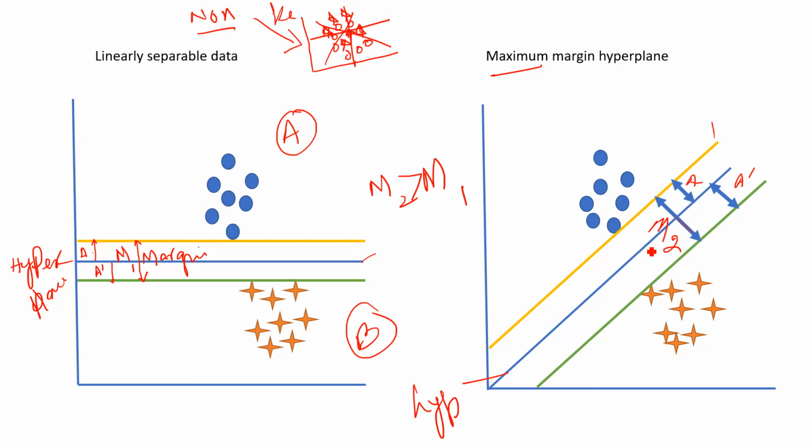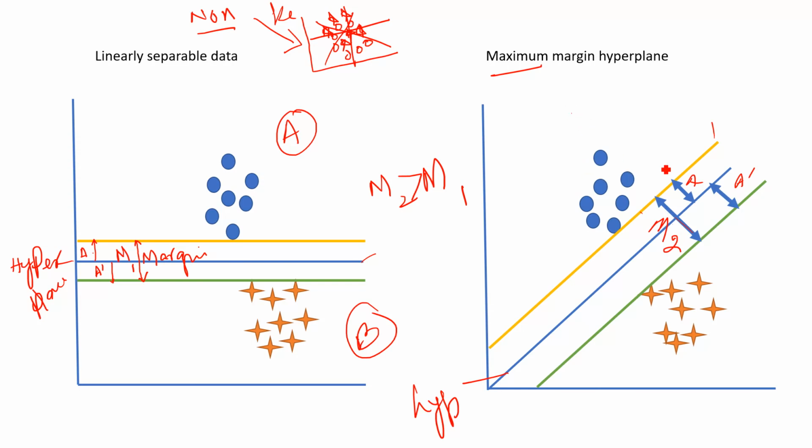So as I mentioned earlier, this margin is the most important thing in order to find out which hyperplane is best. So the answer is the width. This is the hyperplane, these are the decision boundaries. If the width is greater than for other hyperplanes, that hyperplane is more suitable, because if the width is more, it means we can classify the two sets easily. We can make our model accurately.